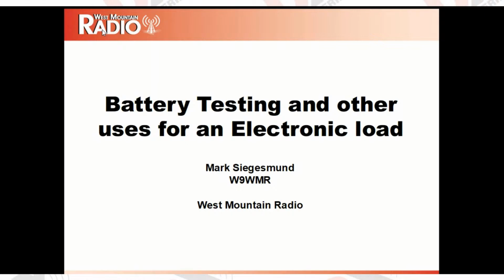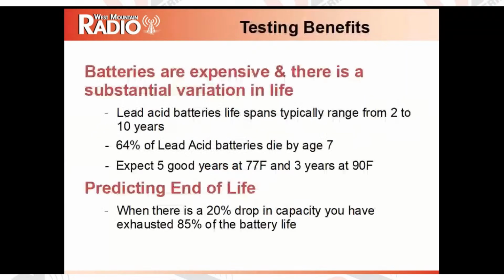Sorry, guys, for all the trouble. We are a technology company, but we're going to talk about battery testing. We have a product line called the Computerized Battery Analyzer. Let me just start with a few points about battery testing. On lead-acid batteries, you can expect like 2 to 10 years on your lead-acid battery.